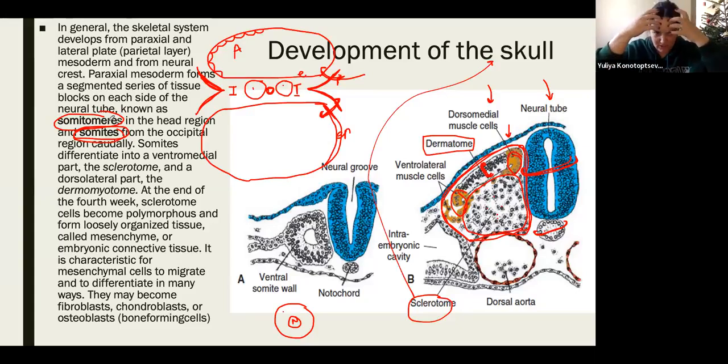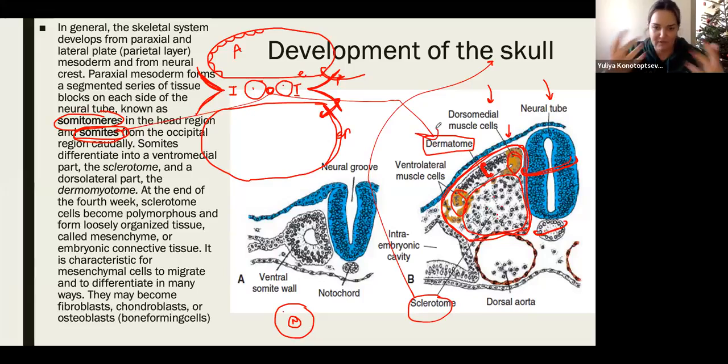They are just in the head region, present here like that, and it is just paraxial mesoderm. It doesn't really contain the dermatome, myotome, or sclerotome. So it doesn't have this particular division compared to somites. Okay, so again, to simplify, somites are these, right?